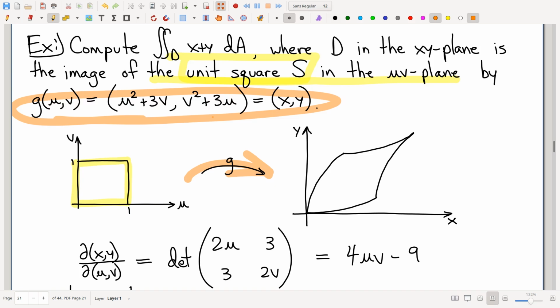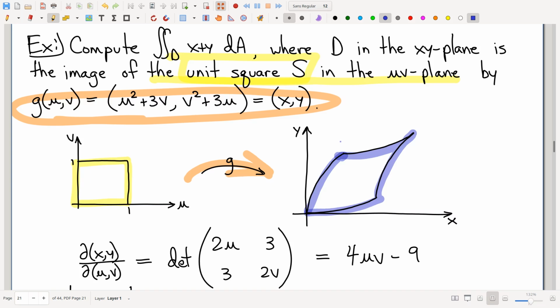Specifically, we're going to look at the image of the unit square by way of this function. So keep in mind, the word image means what comes out, right? So when you take the unit square, you plug it into this function, what comes out will be a different set, right? What comes out is something kind of like this.